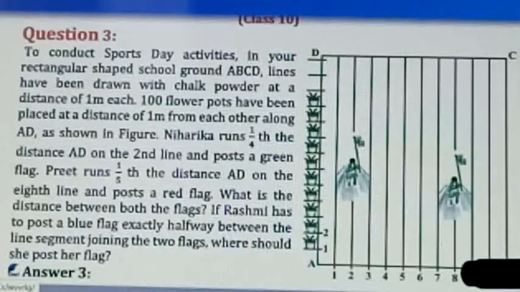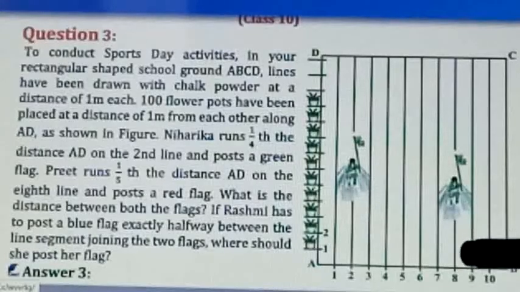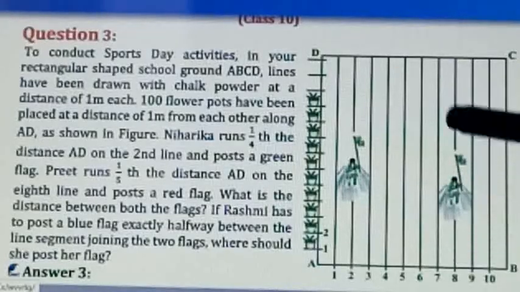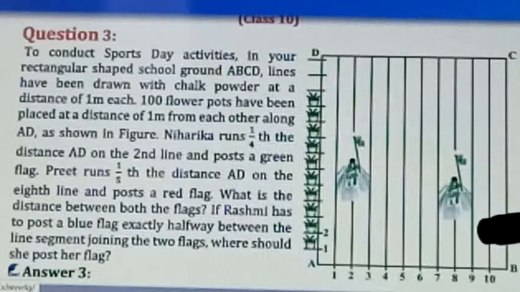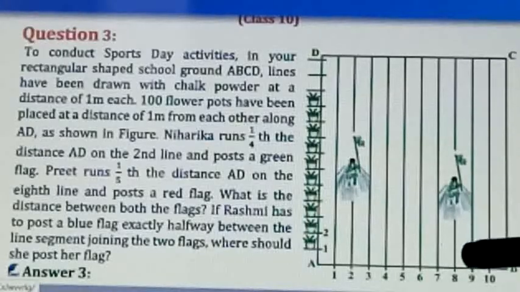Preet is on the 8th line and she ran 1/5th of the distance of AD, and she needs to post a red flag, right?